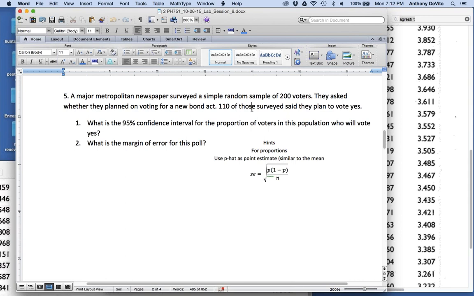In other words, if our confidence interval turns out to be 45 to 60, well, we're not 95% certain that it's not less than 50%. But if our confidence interval is 51% to 59%, now we're 95% sure it's above 50%. Get it?